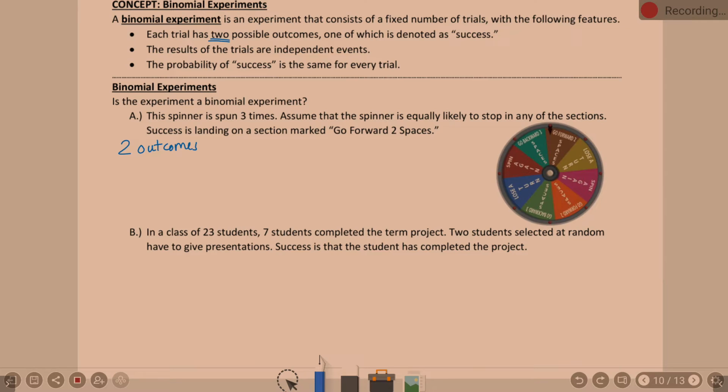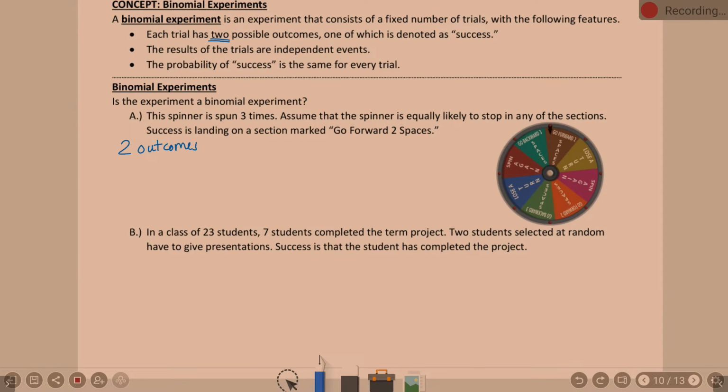So the outcome that is a success is go forward 2 spaces, right? Go forward 3. What is the non-success then? Go backward 3. Or lose it. Okay, so we have to make this into 2 groups. Success is go forward 2, right? Yeah, go forward 2. What is not success? Anything else?